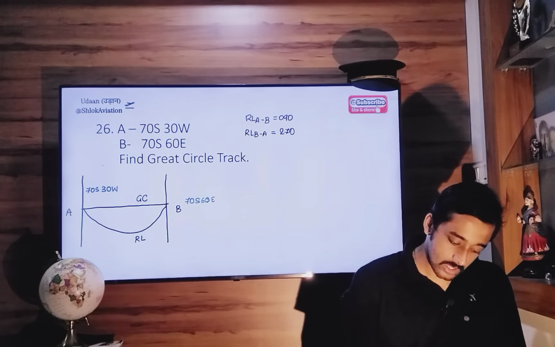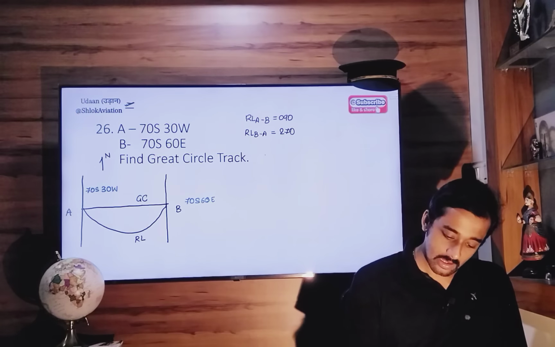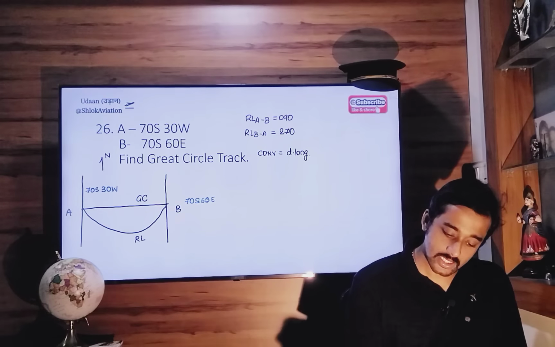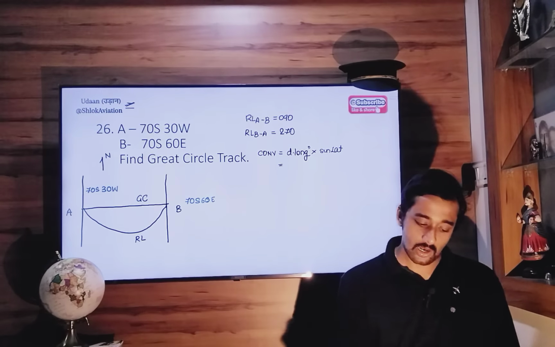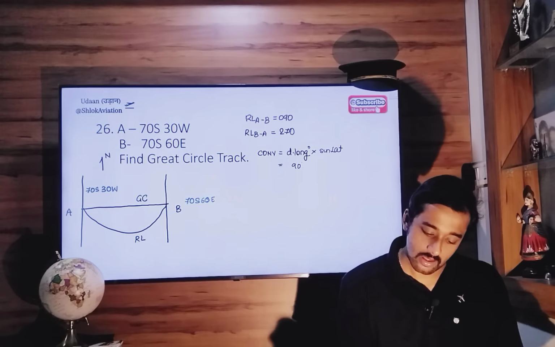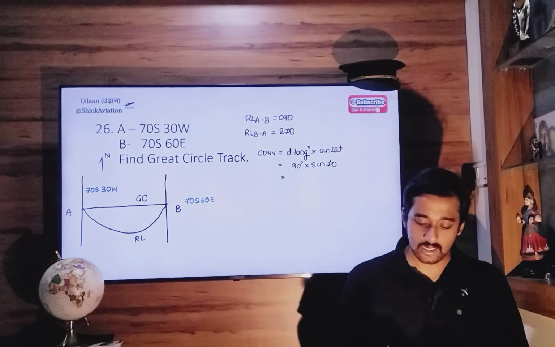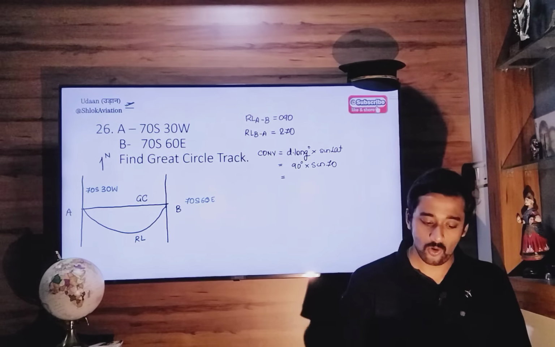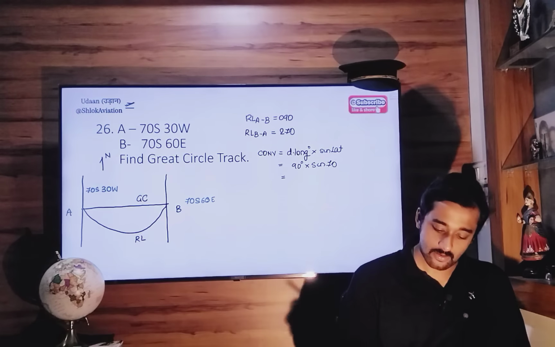Supposing this is your north datum. Now convergency. Convergency is D long in degrees into sine latitude. Now D long, difference between 30 west and 60 east is 90 degrees, sine of 70. So 90 into sine 70 is 84.5. Okay, let's consider 85 degrees.